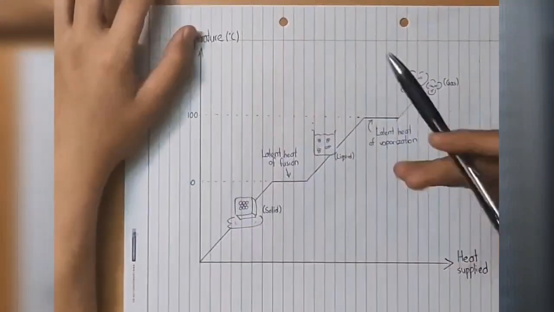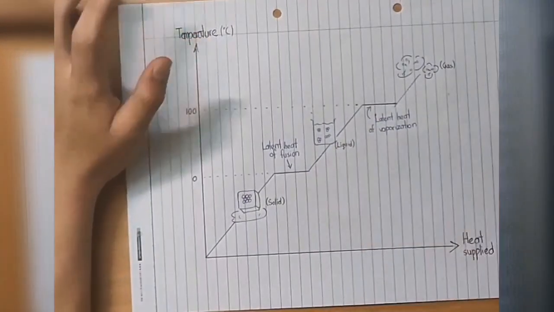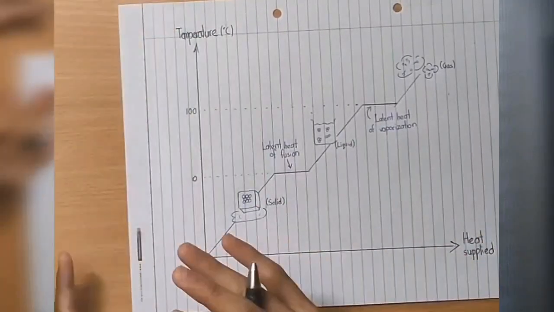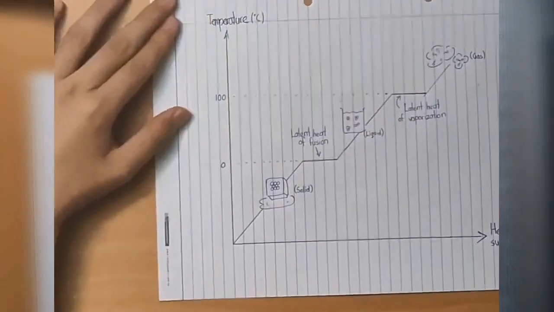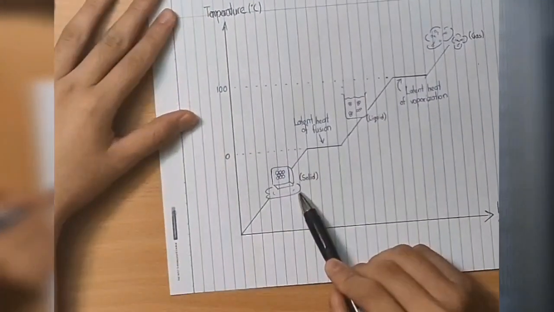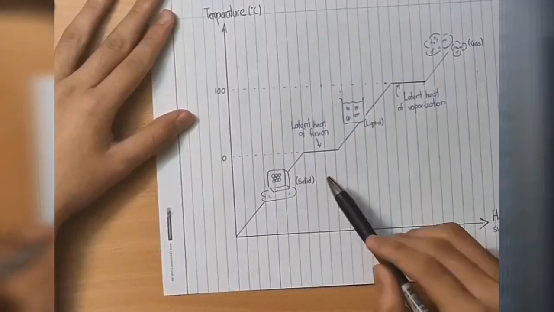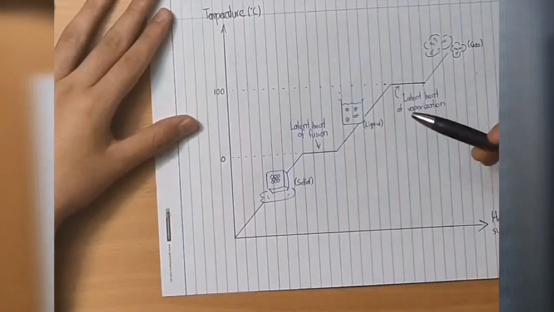This process is called latent heat of fusion. As we all know, the latent heat of fusion is the amount of heat required to change a system from solid to liquid at constant temperature. So initially at 0 degrees Celsius, an ice cube melts by absorbing the latent heat energy. It will change its form into liquid and become water.